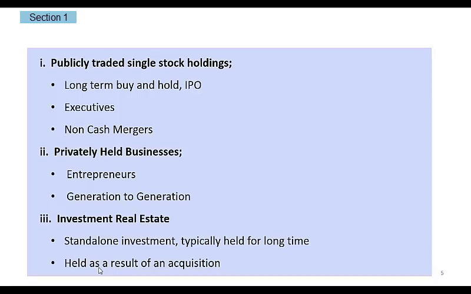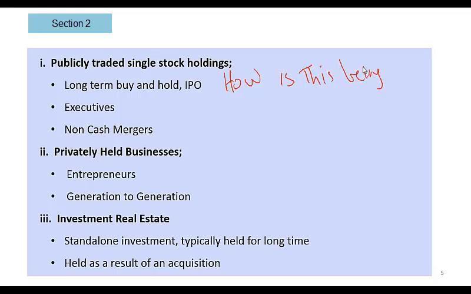Now, publicly traded single stock holdings, while they are public, can suffer from a lot of anomalies. What we have to look at in the exam is, first, how is this being accumulated? So you will have two kinds of instances.